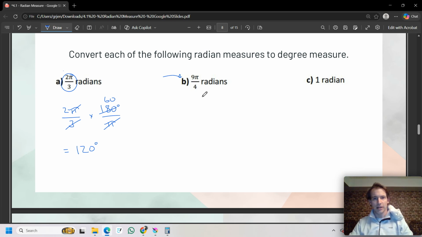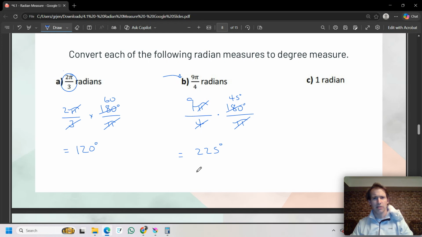Okay, so here we go. 9 pi on 4 multiplied by 180 degrees over pi. Pi cancels pi. 4 cancels in 180, and that makes that 45 degrees. Yes, we've seen this before. This is 225 degrees.